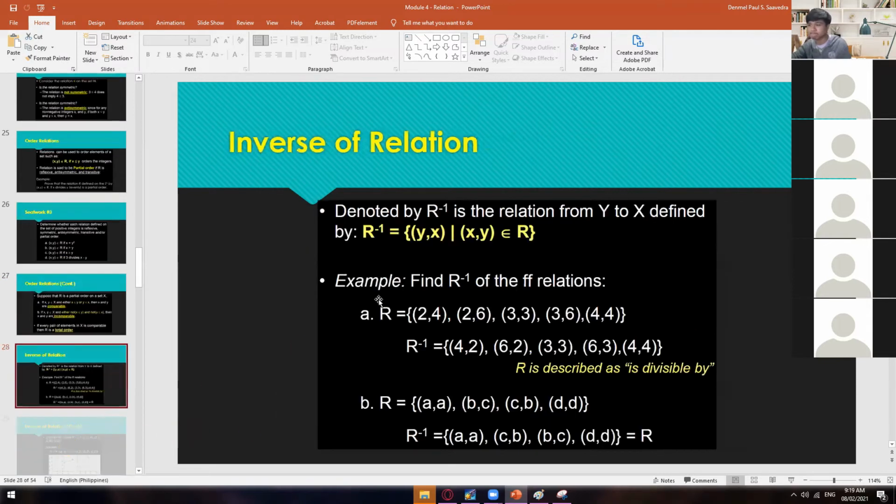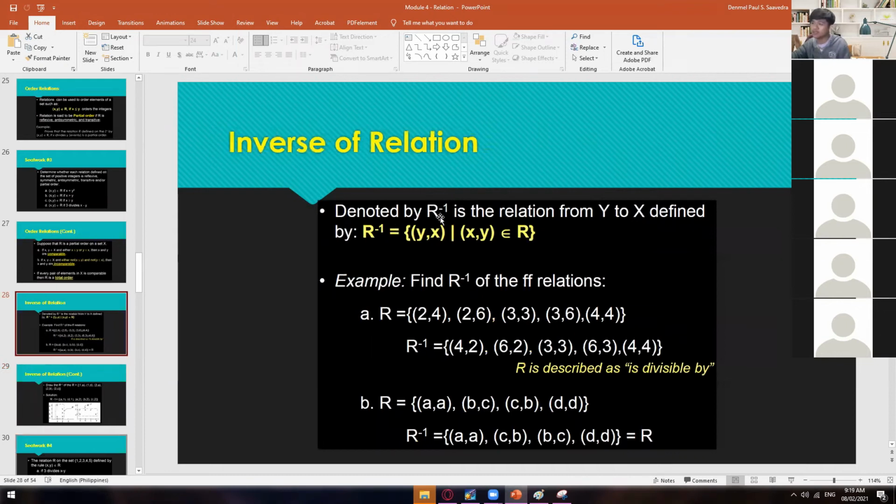And then we have here the inverse of relation, denoted by R raised to -1. This one is actually super simple. If we have 2, 4, you must also have 4, 2. If you have 2, 6, you must also have 6, 2. And then you have 3, 3, you must also have 3, 3. 3, 6, you should also have 6, 3, and then 4, 4.